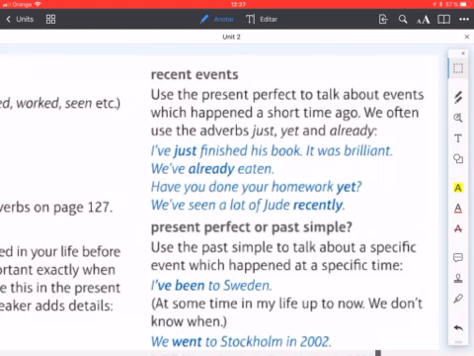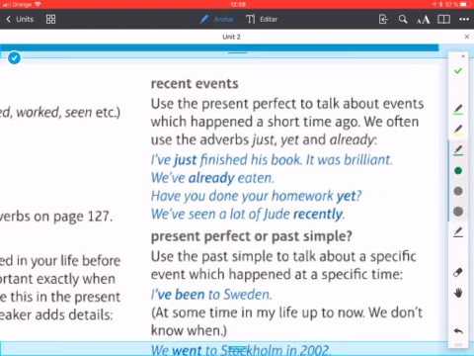Okay, another use of the present perfect is for recent events. It's important usually to talk about events which happened a short time ago. Okay, this is very relative. And you normally add adverbs like yet, already, or just. And let's have a look at the examples we've got here. I've just finished his book. It was brilliant.